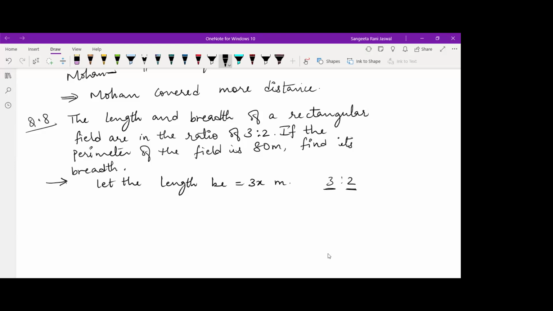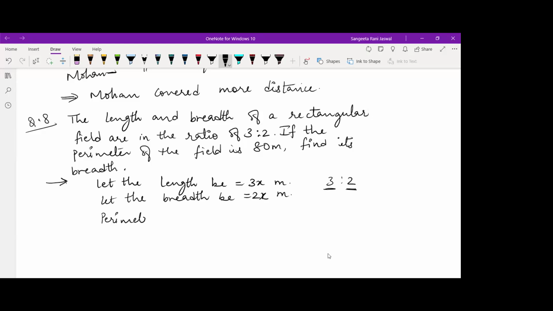Let the length be 3x meters and let the breadth be 2x meters. Now we apply the perimeter formula.